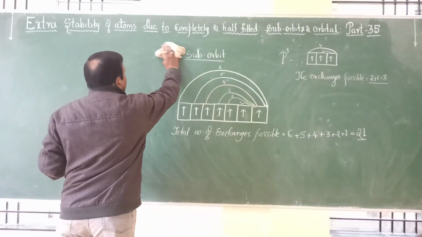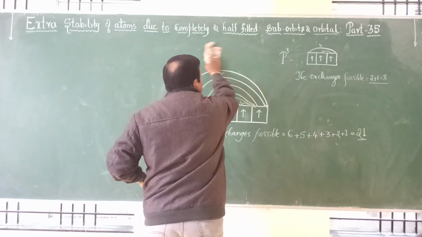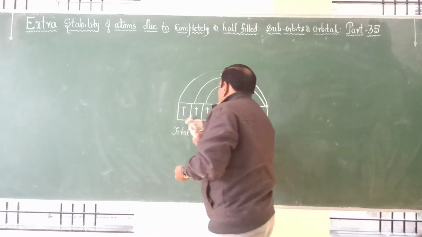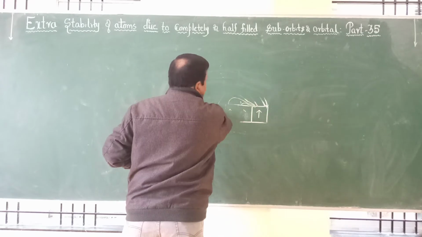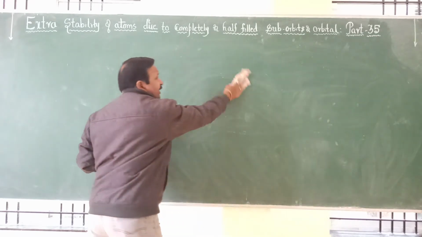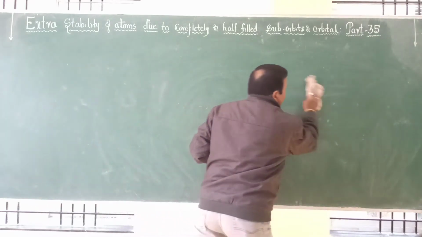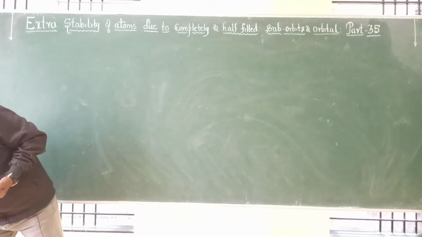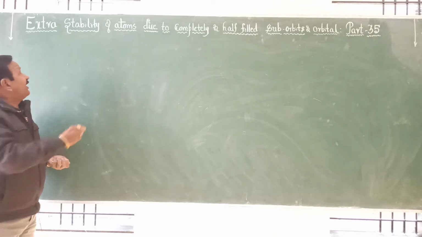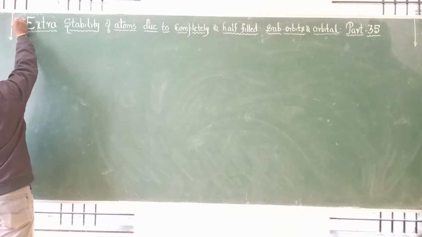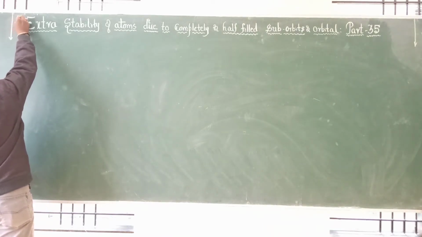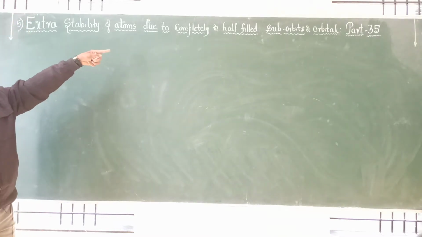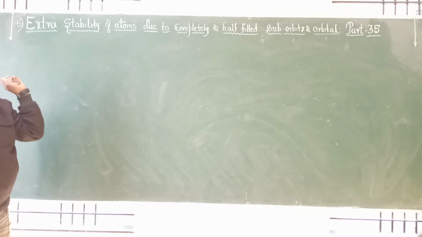The last one today, this was the fourth one we talked about, and the last one essential for electronic configuration is the fifth one. We get extra stability due to exchange energy, and we also get extra stability due to completely or half filled suborbits.